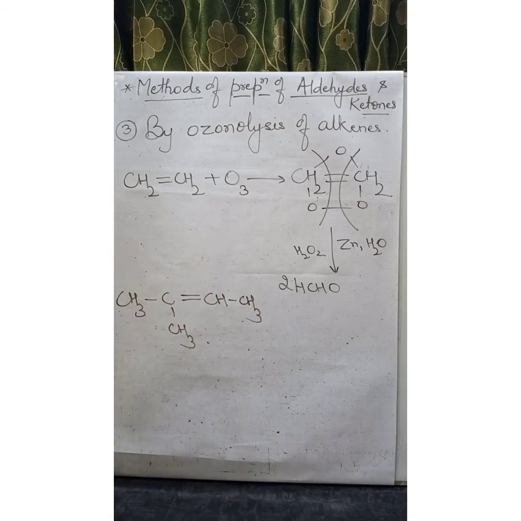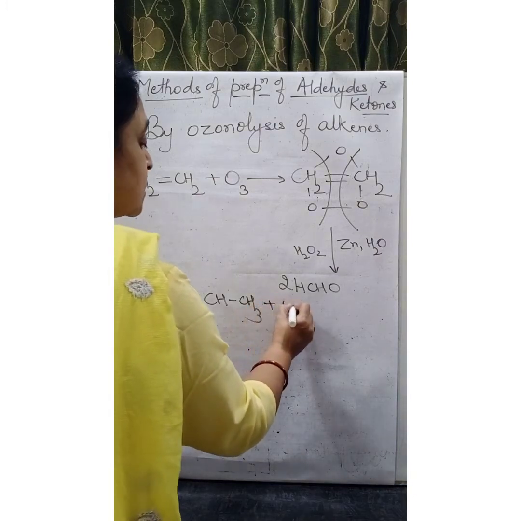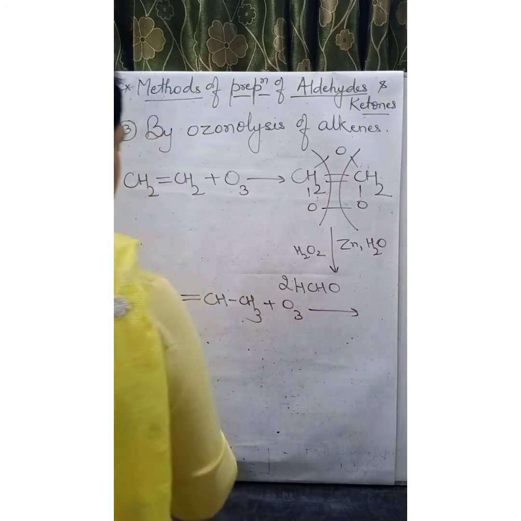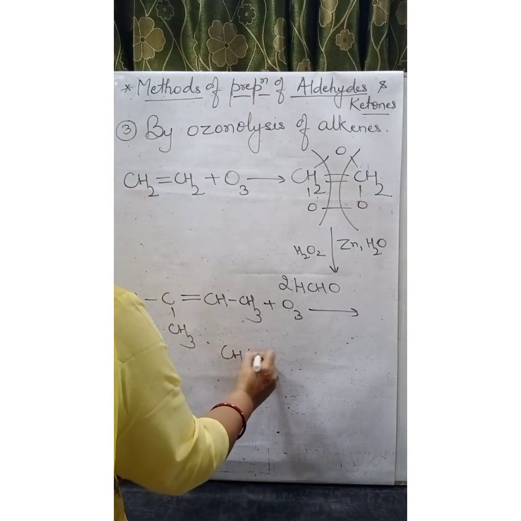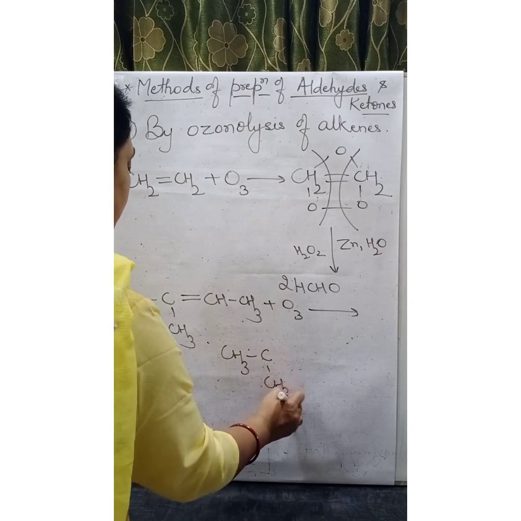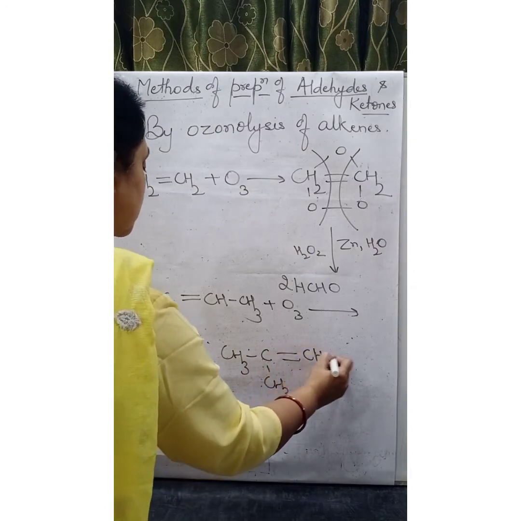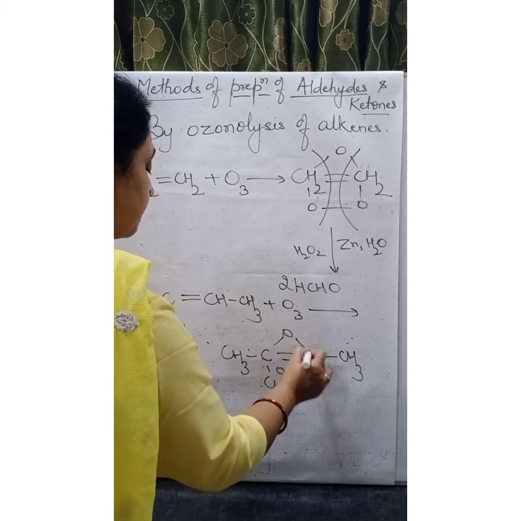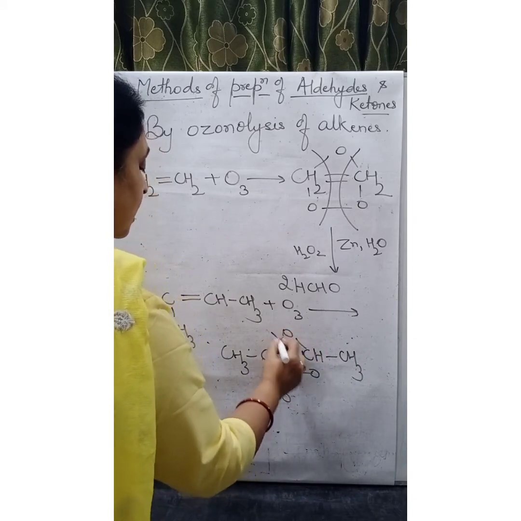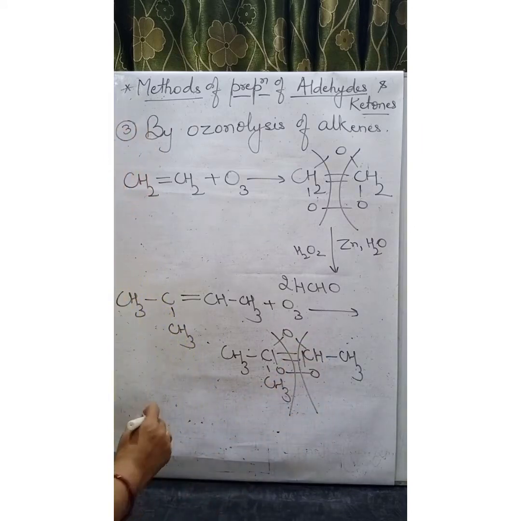So this compound is 2-methylbut-2-ene plus ozone gives. Now we will see that addition takes place on both sides of the double bond. So we will add an ozone molecule like this, make a pentagon, cut the pentagon into two equal parts.